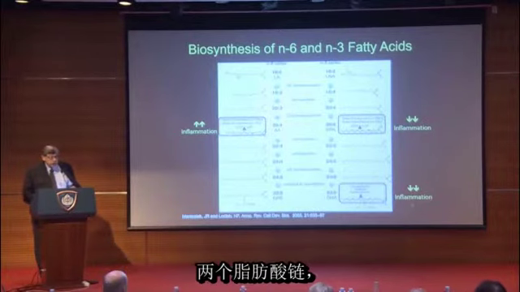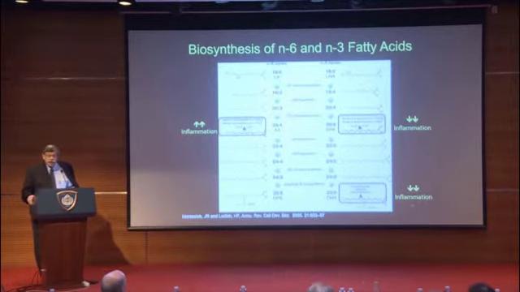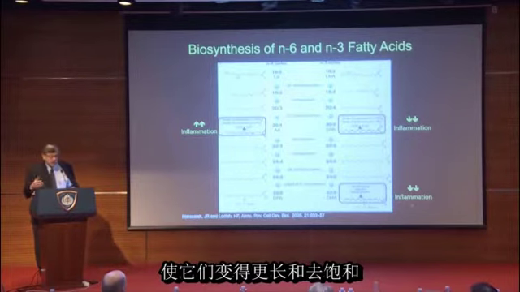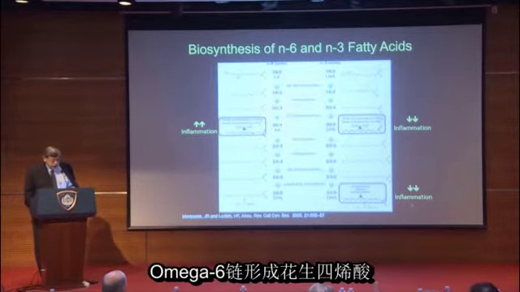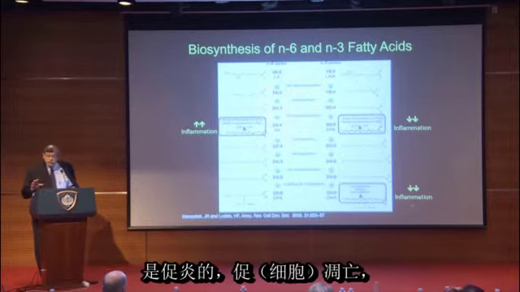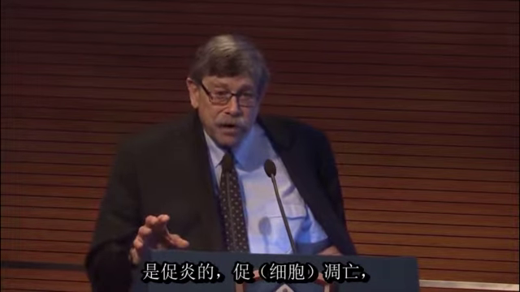And then both chains of fatty acids, the omega-6 and the omega-3, are elongated by the same enzymes to make them longer and desaturated. The omega-6 chain forms arachidonic acid, which in general, not totally, is pro-inflammatory, pro-apoptotic, and really does things that aren't so good.